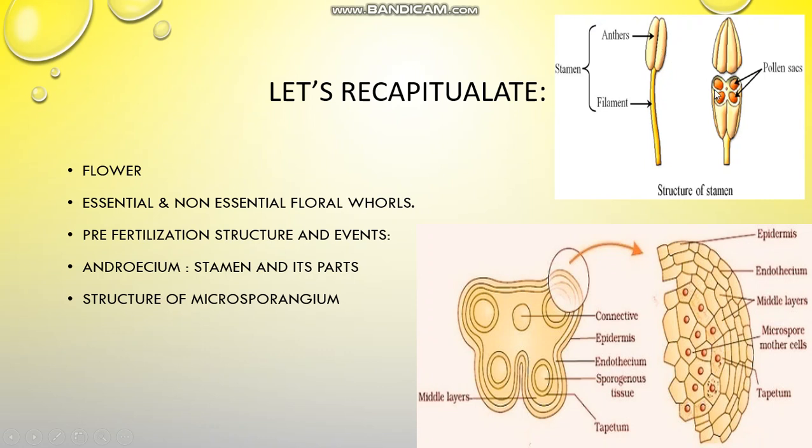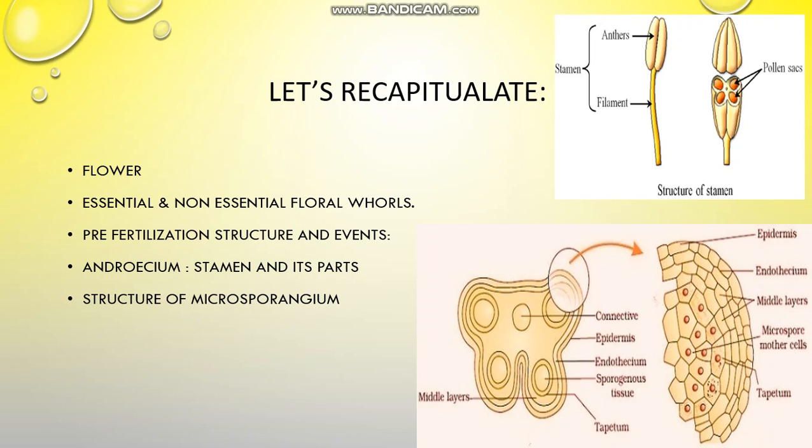Inside the anther, 4 microsporangia are there, and each microsporangium is covered with 4 wall layers. The outer 3 wall layers, epidermis, endothecium and middle layer, are meant for protection and help in dehiscence of the anther. Inner to that, the next layer is tapetum.